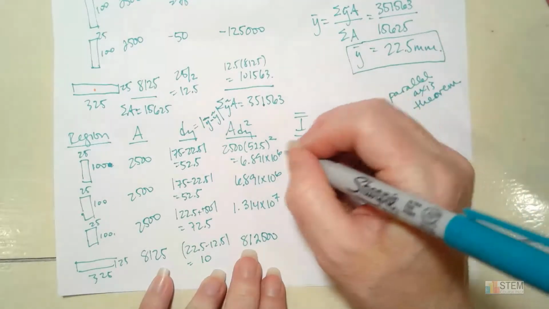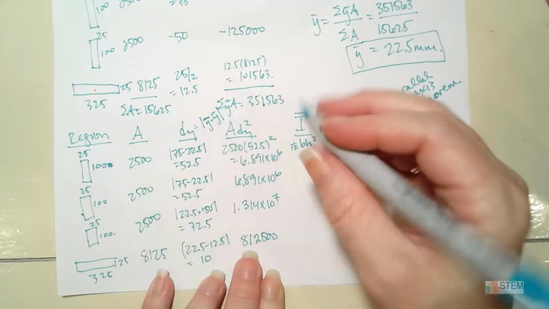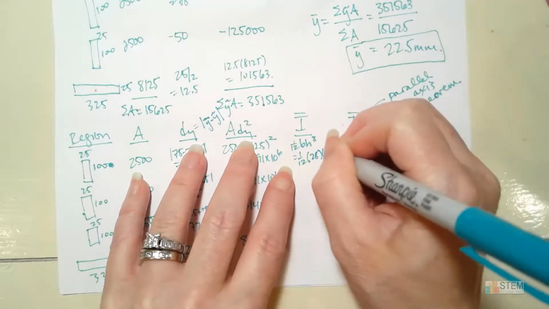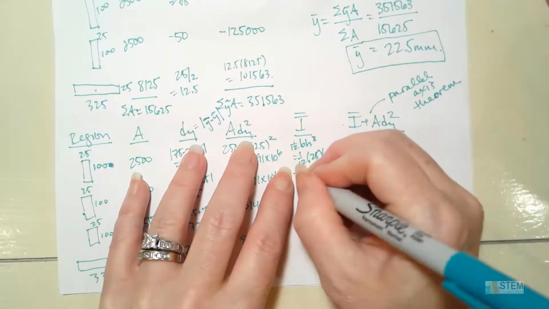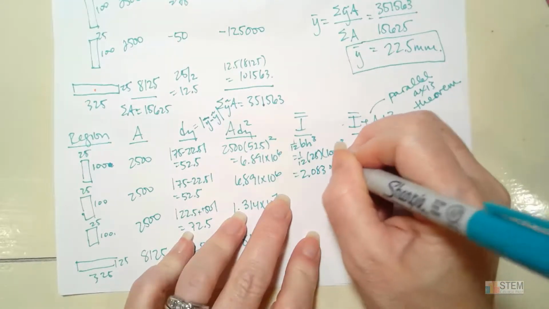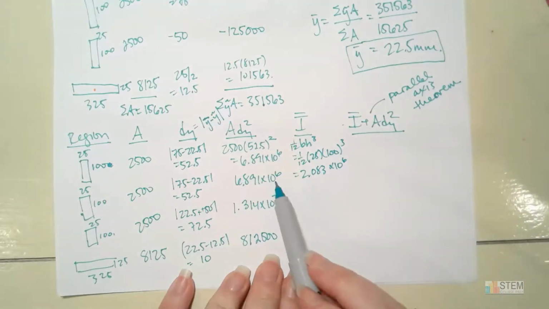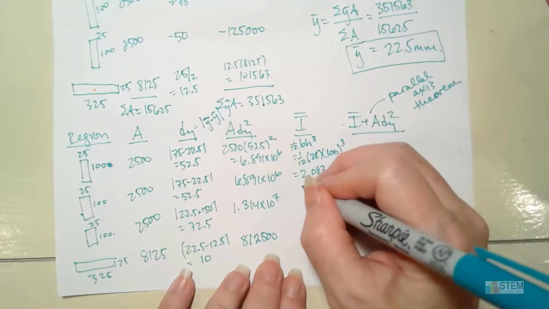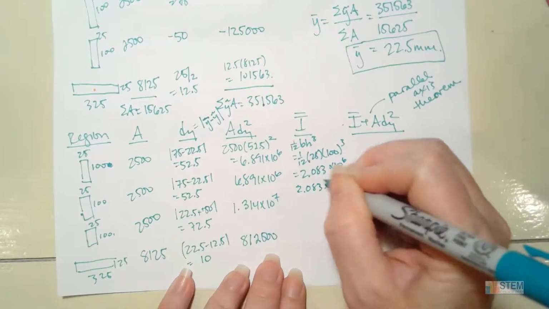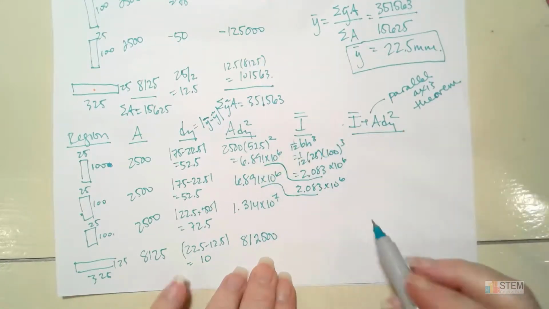All right, so for this one, just to show you how to do it, the base would be 25, height is going to be 100. So we're going to have 1 over 12 times 25 times 100 cubed. And that's going to give us 2.083 times 10 to the 6th. All right, and that's going to be the same thing for this one here. We're kind of getting off here on the spacing. All right, so this one goes together and this one goes together.